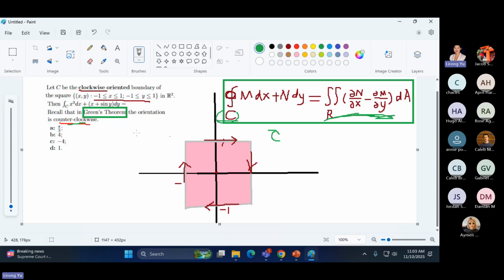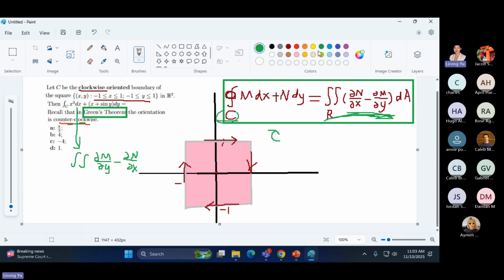Since C is clockwise, it will equal a double integral. Instead of dN/dx minus dM/dy, we can just switch that to dM/dy minus dN/dx. So that's the only thing we have to remember: the orientation of the curve, the orientation of the boundary.